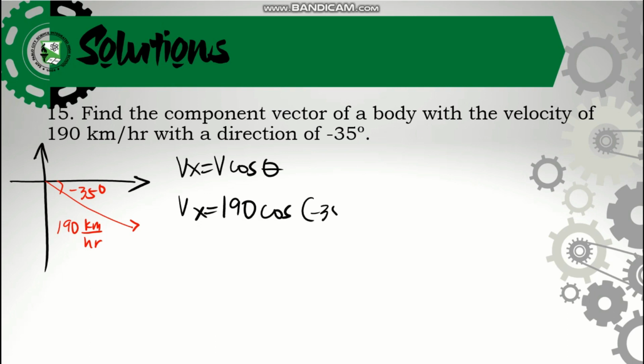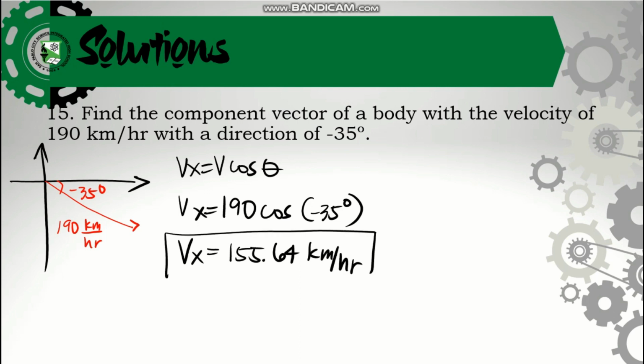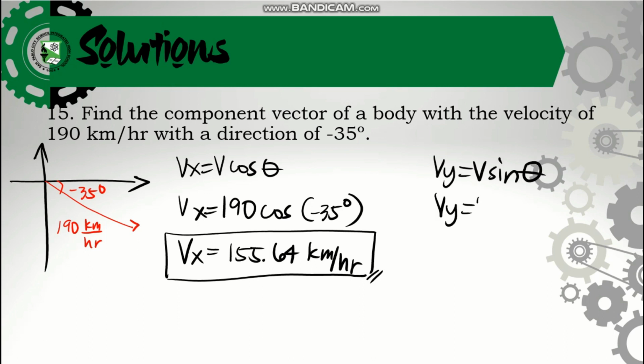Then for finding the component vector, again, we have Vx is equal to V cosine theta. And then for Vy, we're going to use sine. So please put the values to the formula and then we get 190 cosine negative 35 degrees will give you 155.64 km per hour.